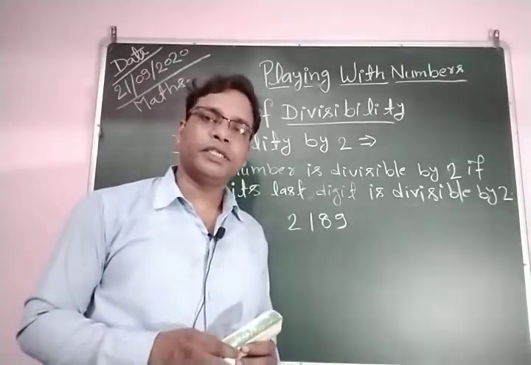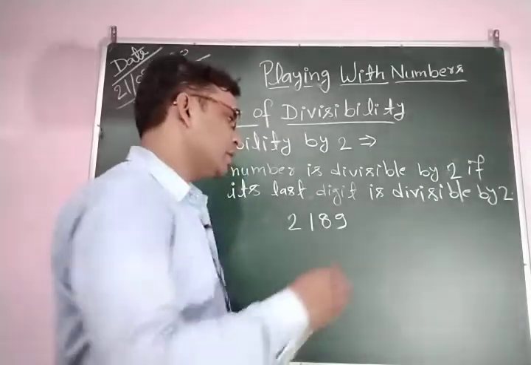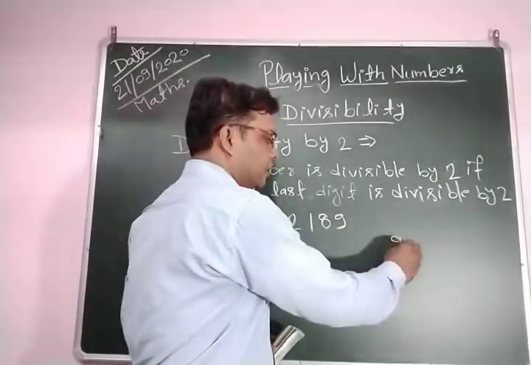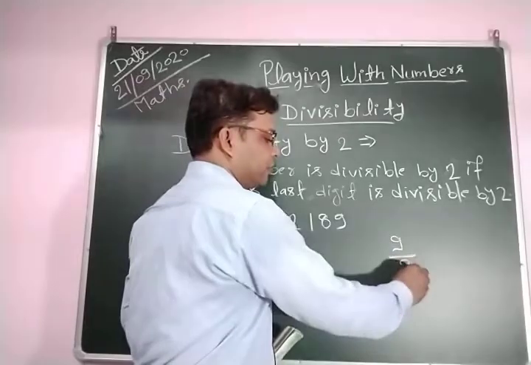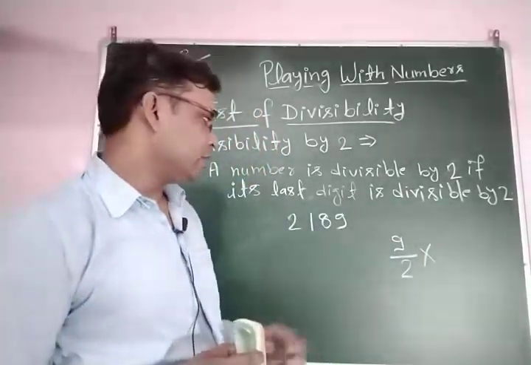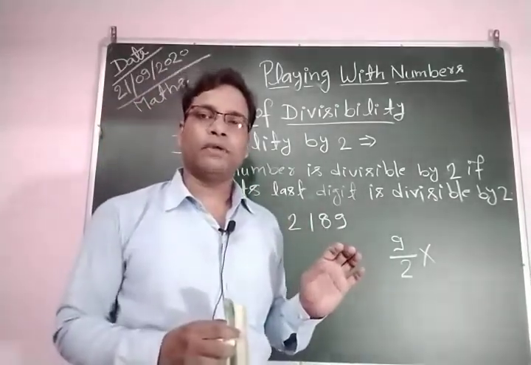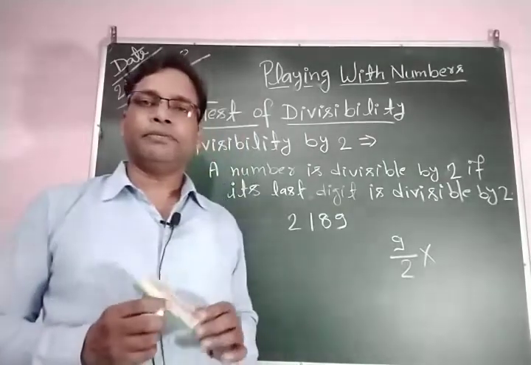If the unit place digit is divisible by 2, then the whole number is divisible by 2. Here the last digit is 9. 2 does not divide 9, it means that the whole number is not divisible by 2. So students, I hope all of you understood the divisibility test of 2.